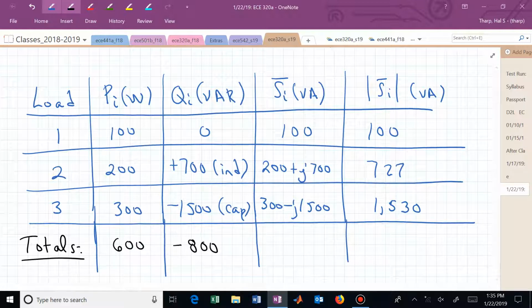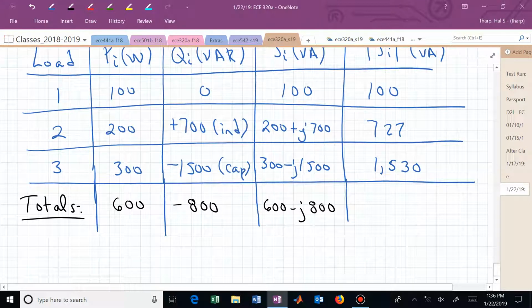We now combine those two orthogonal parts. We have the real part of 600, and the net reactive part is minus j800. And this, in terms of the apparent power, is now 1000, which really isn't the sum of those apparent powers.